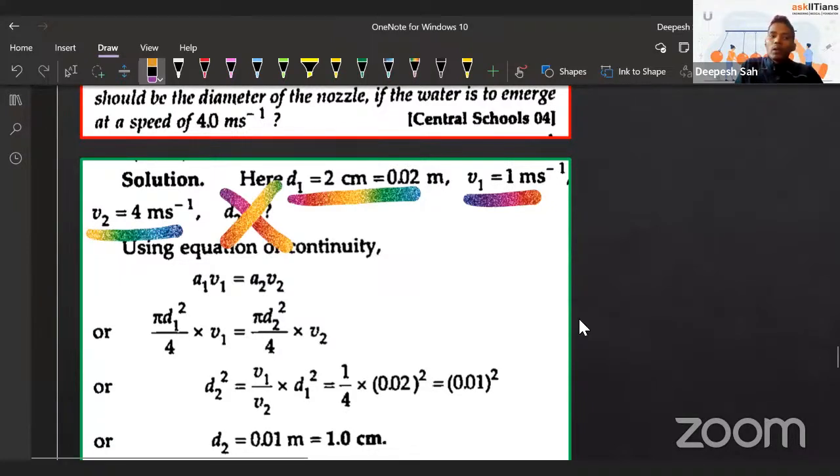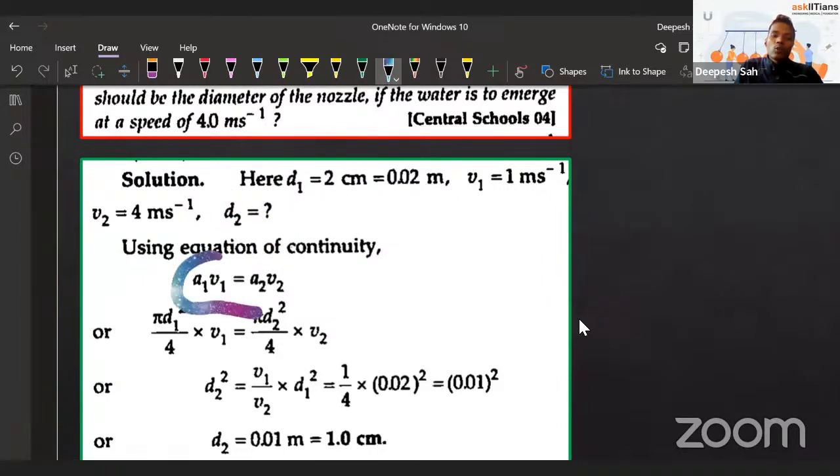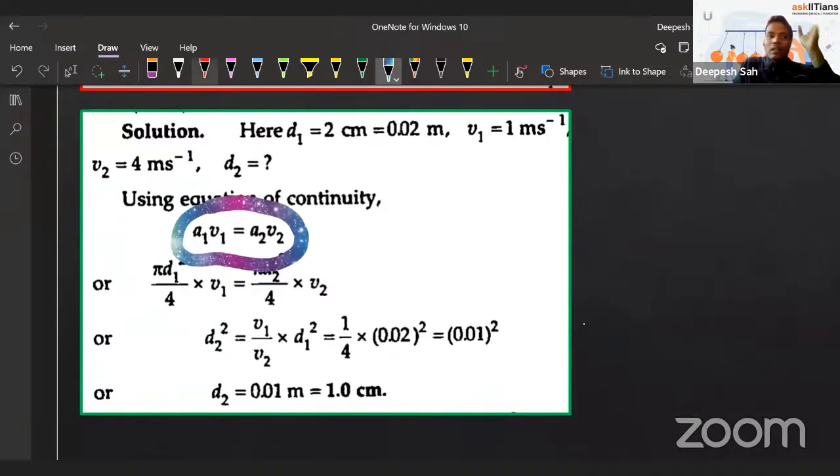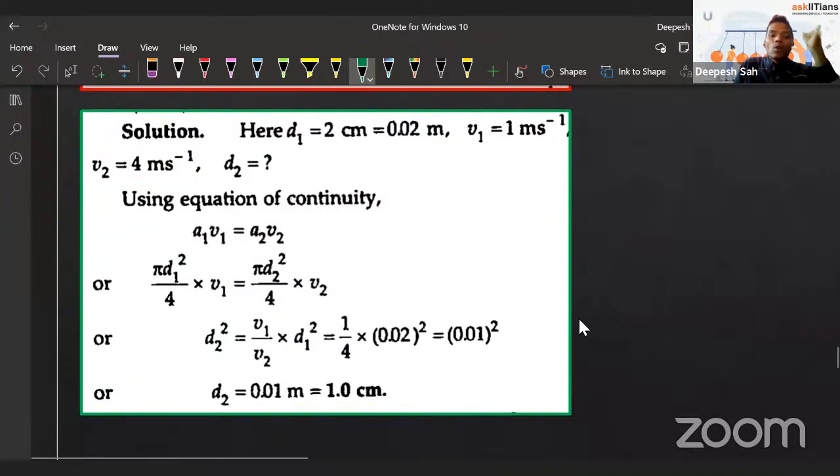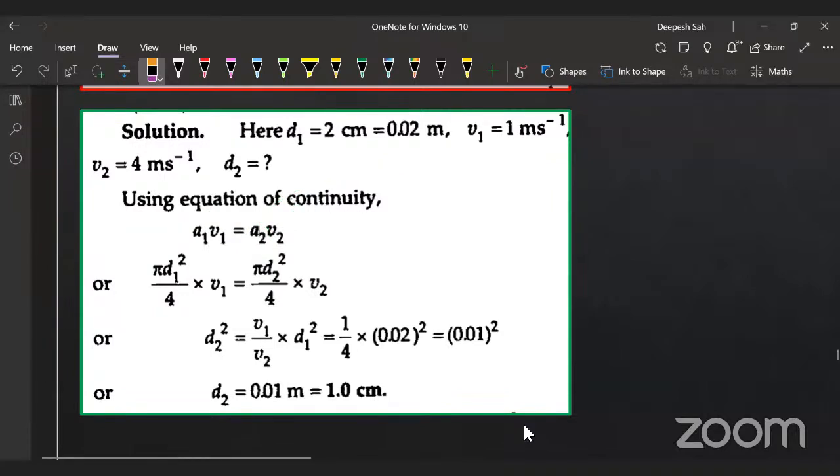That is what you have to calculate. So just put A1 V1 equals A2 V2. This is the equation of continuity. A1, V1 and V2 are given to you; A2 is unknown. Calculate it. It will be easy. Is that fine, Elizabeth? Yes, sir.